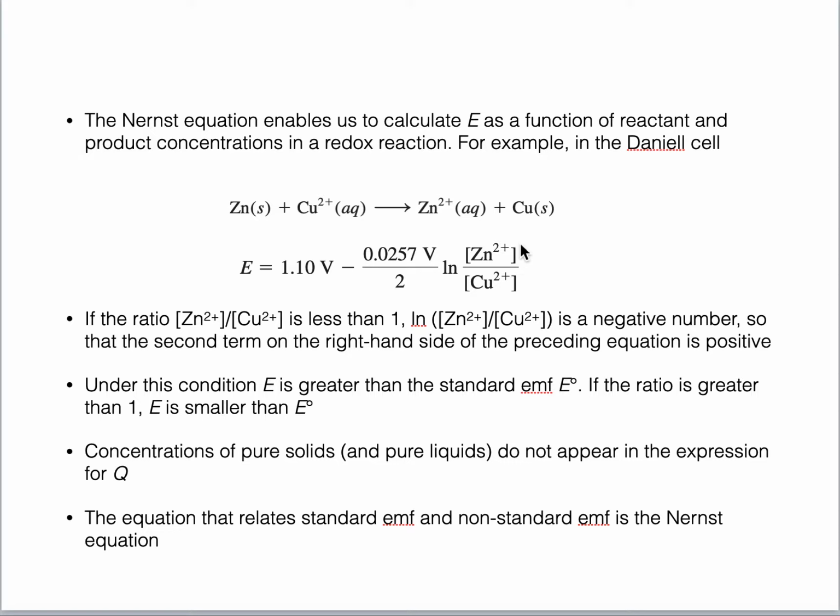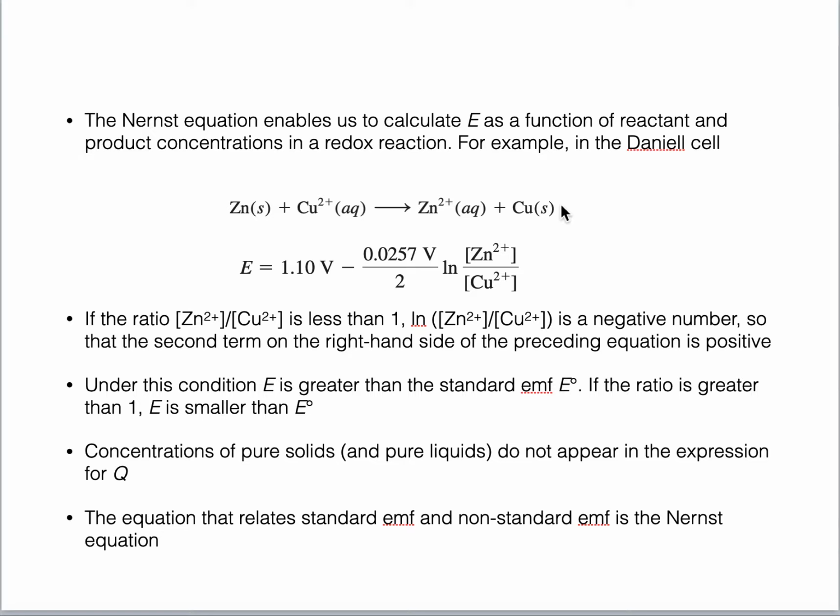We do not put them in this expression for Q. Wherever you find any solid or pure liquid, you just ignore it, you don't write it. So we will just write zinc 2 plus, the product, divided by the reactants in the denominator, where we ignore zinc solid and just consider copper 2 plus aqueous. So this is the Nernst equation for the zinc copper Daniell cell.